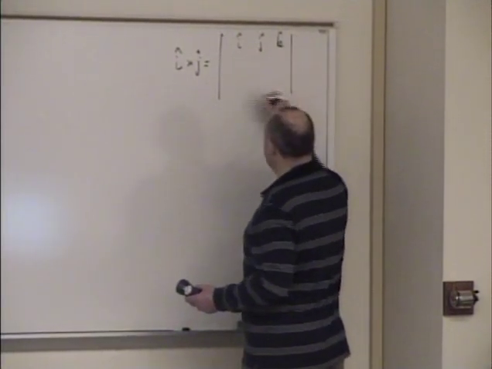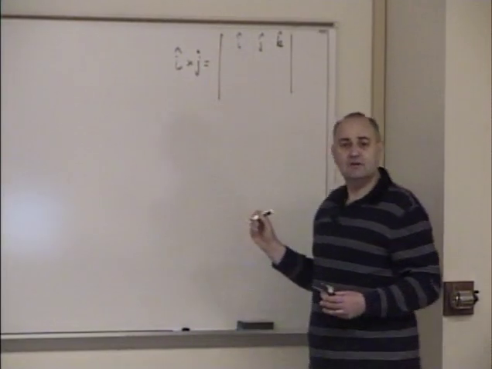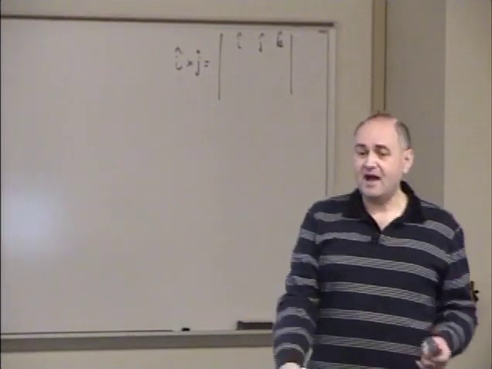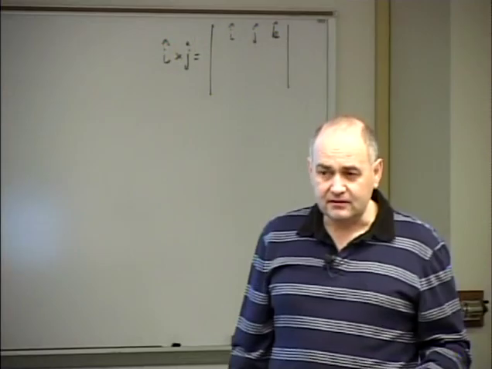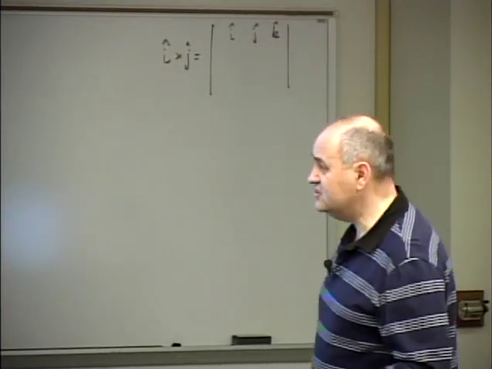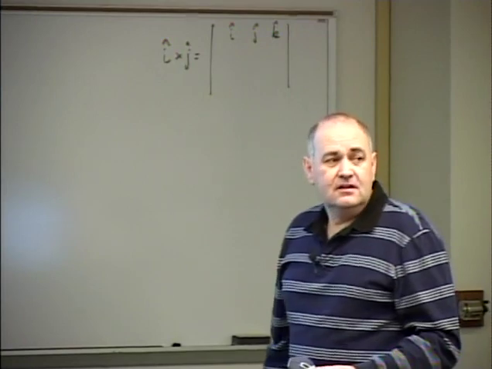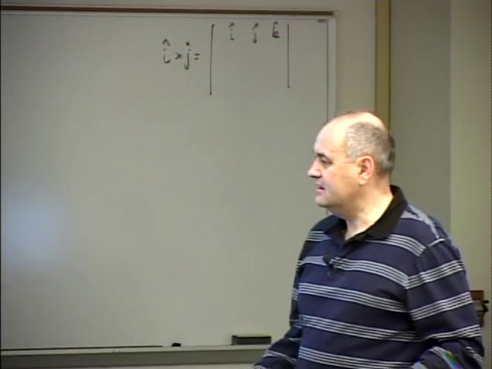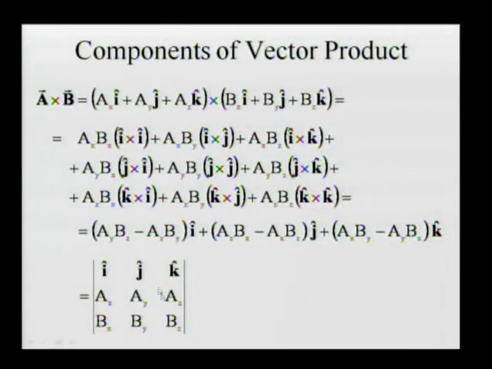Now look at the screen and tell me what should be the second row. Pick up appropriate ax, ay, and az for vector i. What is ax for vector i? In other words, you have now to represent, look what ax, ay, and az are. These are the coefficients in the linear combination of the base vectors.